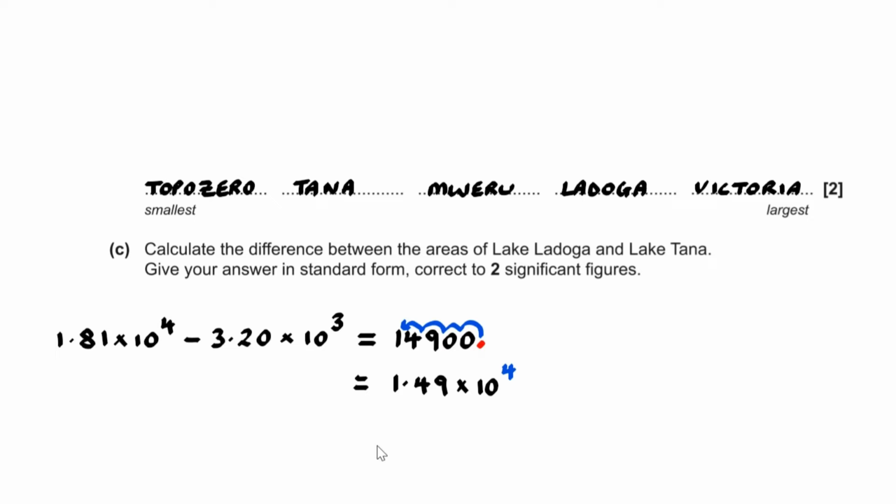And if we were to write this to 2 significant figures, we would have 1.50 times 10 to the 4. That's to 2 significant figures.